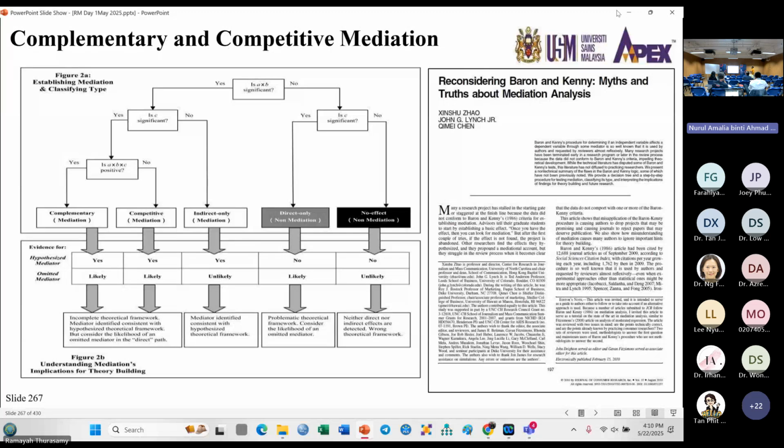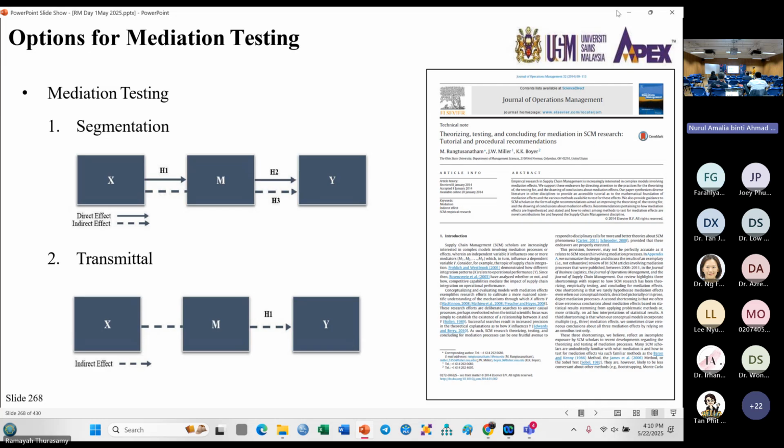If A times B times C is negative, you have competitive mediation. That's how you decide complementary and competitive mediation. This is still going back to full and partial mediation. You don't have to do that. Okay, for mediation testing now, it has changed. You have been doing this, right? Number one.